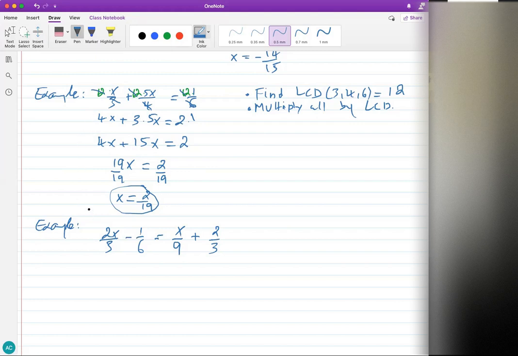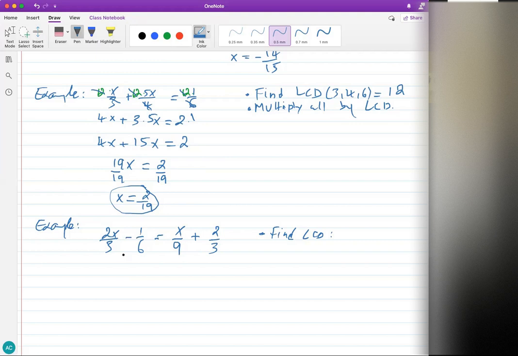I'm going to repeat the same steps here. All right, so what do we do first here? Just look at the previous example, it's quite similar. LCD. That's right, find the LCD, which is the LCD for all these, 3, 6, 9, and 3.